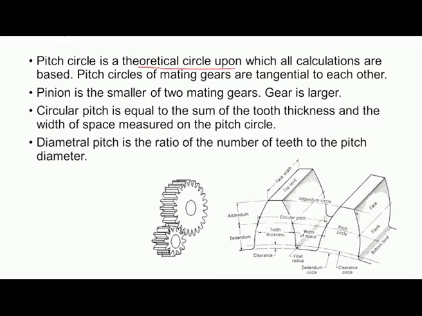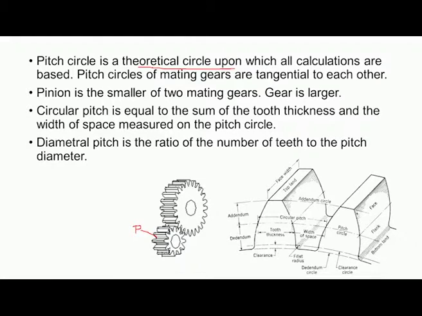Pitch circles of mating gears are tangential to each other, and the pinion is the smaller of the two mating gears. Here you can see a mating gear, the bigger one is called gear and the smaller one is called pinion.